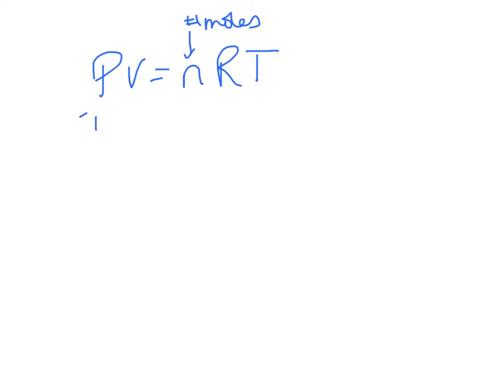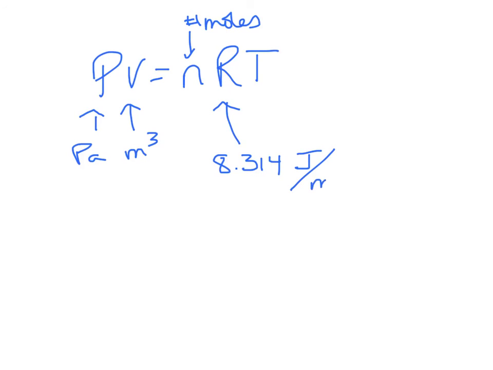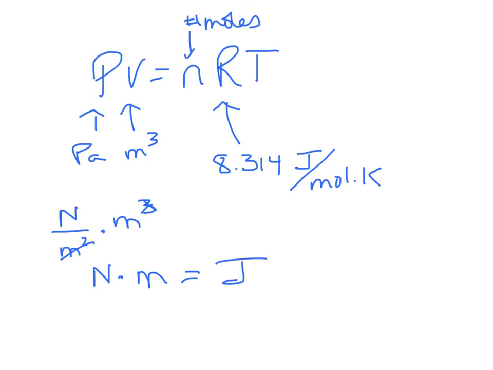Your pressure needs to be in pascals and your volume in cubic meters, and then your value for R is 8.314, with units of joules per mole kelvin. Remember, pascals are newtons per square meter, and multiplying by cubic meters leaves a newton meter, which is a joule. So the SI units still work out.